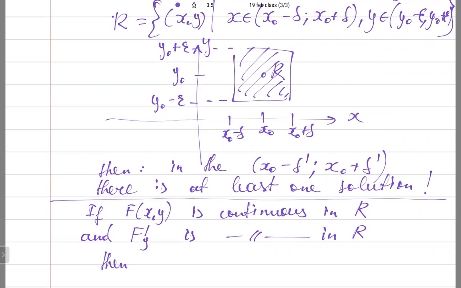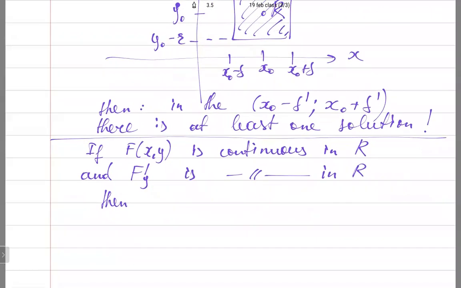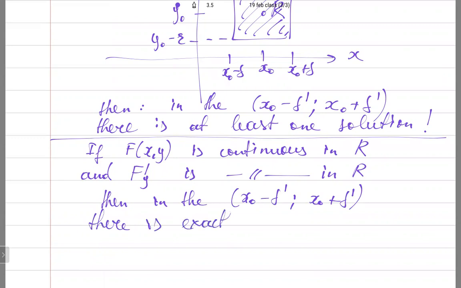If it's continuous and the first derivative with respect to y is also continuous, then in the region x0 minus delta prime up to x0 plus delta prime, there is exactly one solution of the differential equation.